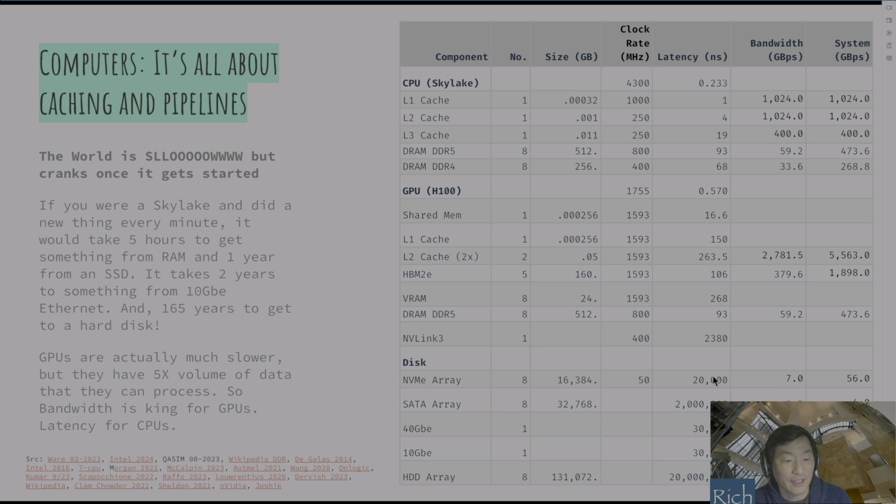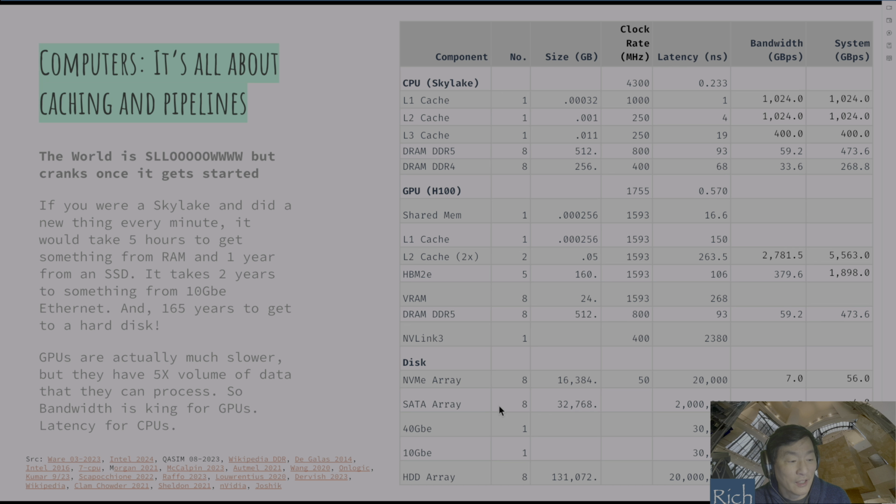This is literally like 10 to 20, 100 times slower, and the bandwidths are much slower. A serial ATA SSD array, which I think is super fast, well, it is sort of fast, except latency is like 2 milliseconds, which is 2 million times. So that thing is literally 5 million times slower than a Skylake processor, which is why we have all these hierarchies. And the bandwidth is much lower.